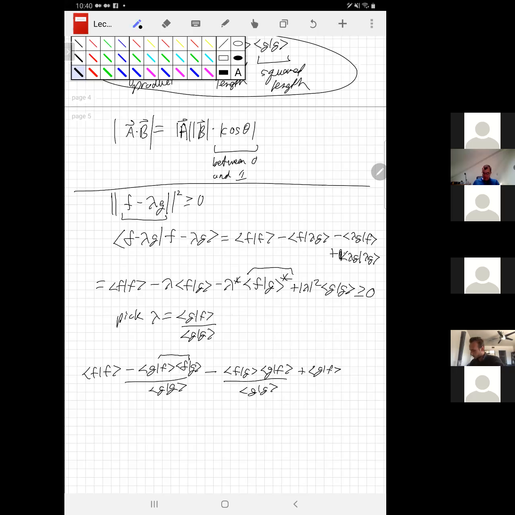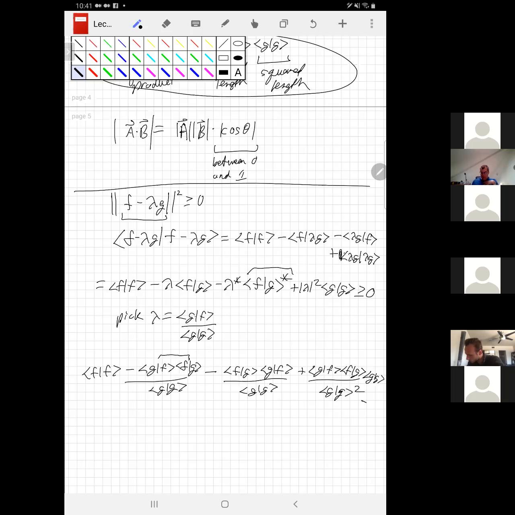That'll be GF, FG, GG over GG squared, because we're squaring lambda and GG is on the bottom.